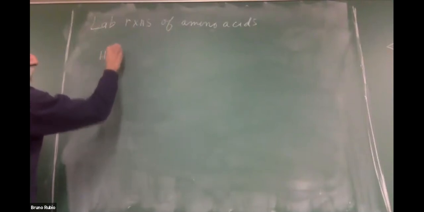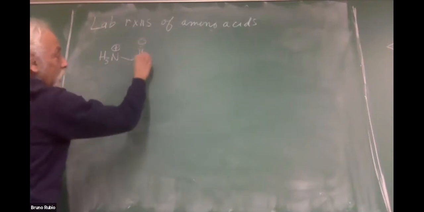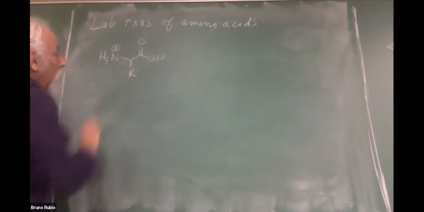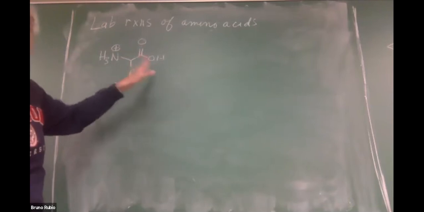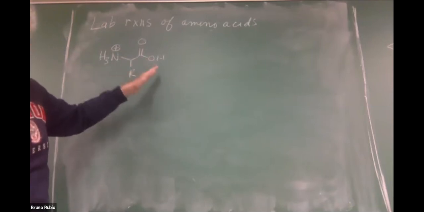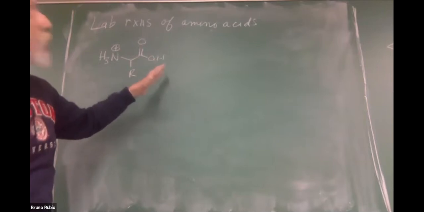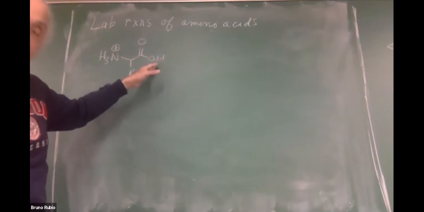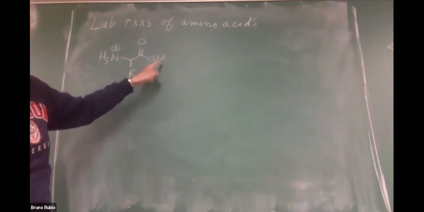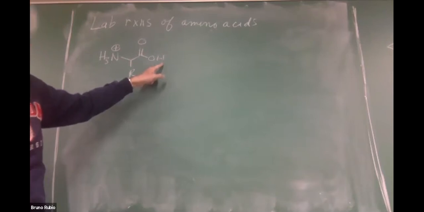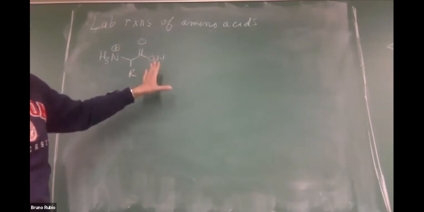So if we have an alpha amino acid, I want OH here, not O minus, so this reaction can only happen when I'm at a low pH. The pK of this proton is somewhere in the 2s for most amino acids, so I have to be under acidic conditions. I can't do this reaction at pH 7 because it wouldn't be OH anymore. It would be O minus, and that's carboxylate.